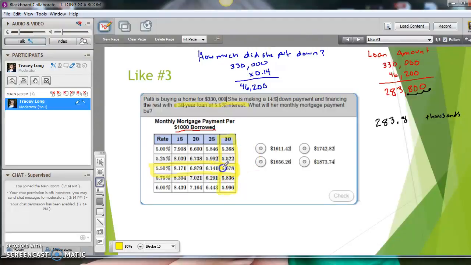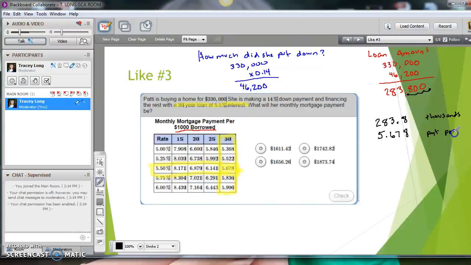We look at where those intersect, which is here at 5.678. So she pays $5.678 per month per thousand.